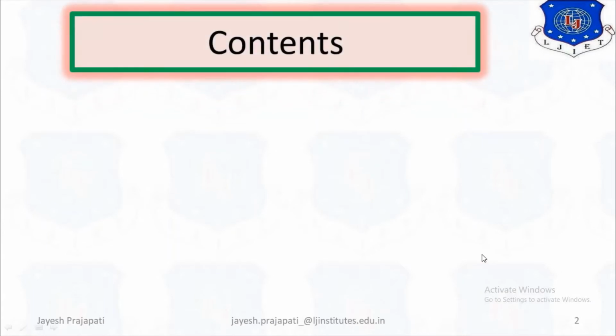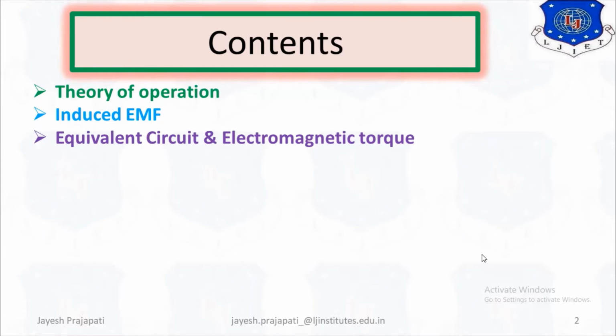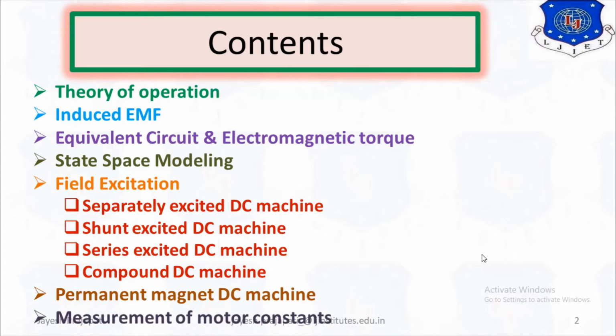In this unit we have to study theory of operation, induced EMF, equivalent circuit and electromagnetic torque, state space modeling, field excitation, that means the types of DC machine: separately excited DC machine, shunt excited DC machine, series excited DC machine and compound DC machine, and permanent magnet DC machine, that is another type of DC machine that we have also discussed in this unit, and measurement of motor constants or motor parameters.